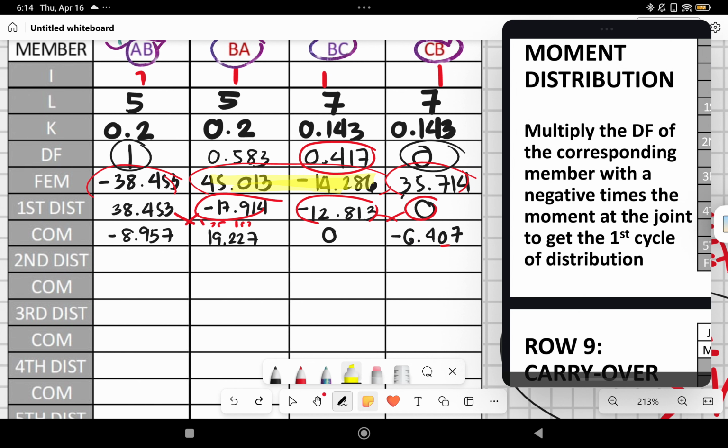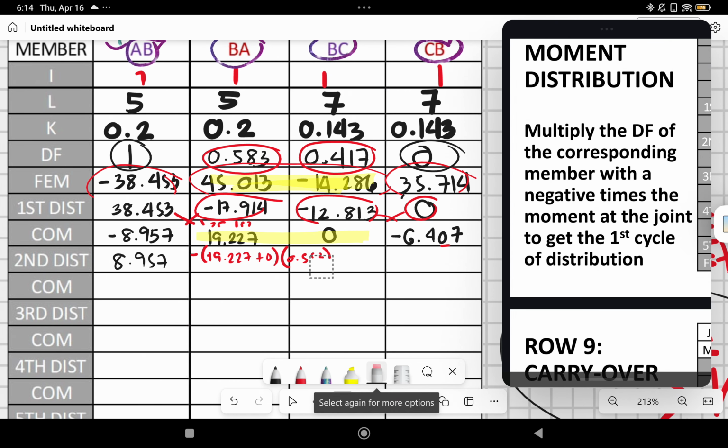So, that is equals to 8.957 dito. So, ipag-add lang natin ito. So, that is 19.227. So, kailangan natin mag-multiply na negative. That is negative times the sum of 19.227 plus 0 times the distribution factor which is 0.583. Okay?